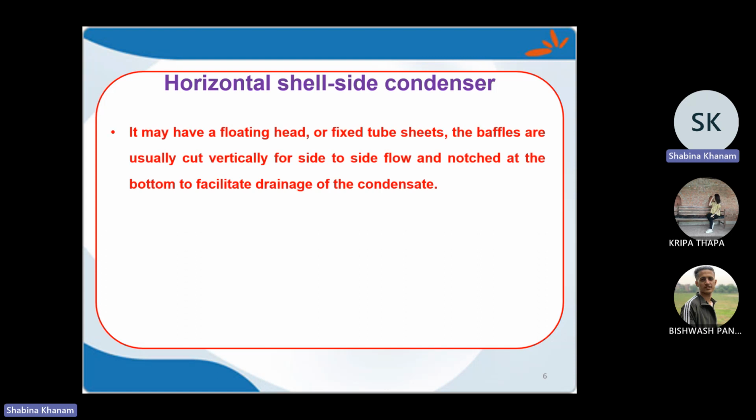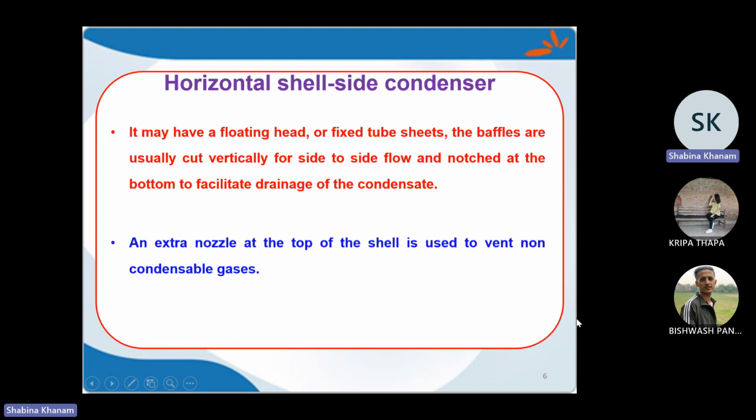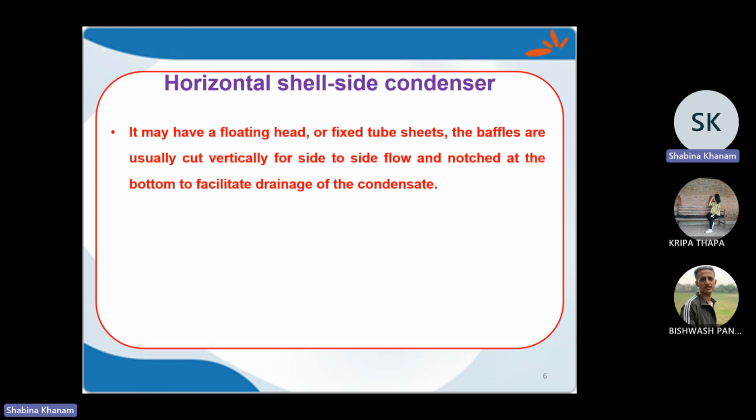There are a few more points to consider: it may have a floating head or fixed tube sheet. The baffles are usually cut vertically for side to side flow and notched at the bottom to facilitate drainage of the condensate. What is the point to consider here?